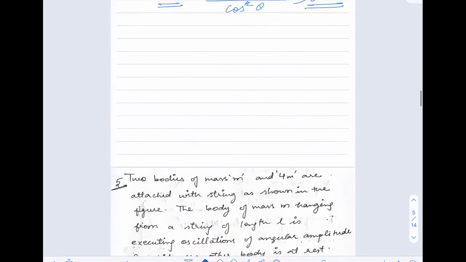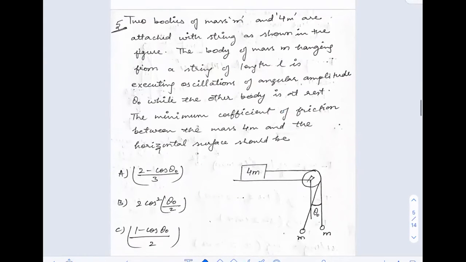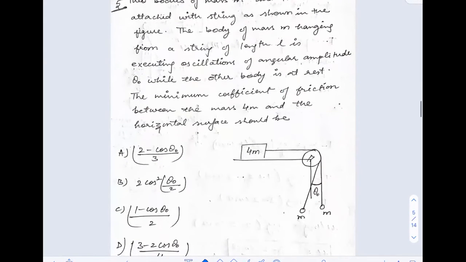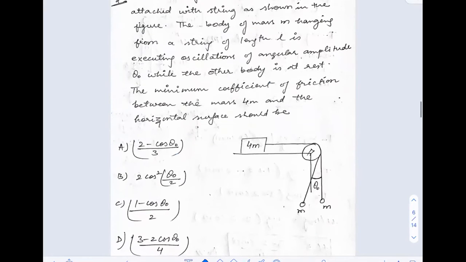Okay. So this is your second question here. Now this question says two bodies of mass m and 4m are attached with a string as shown in the figure.